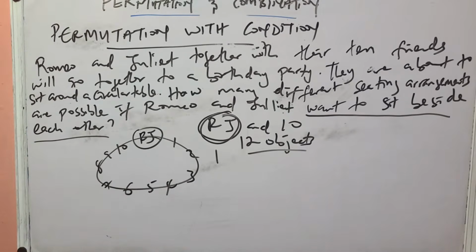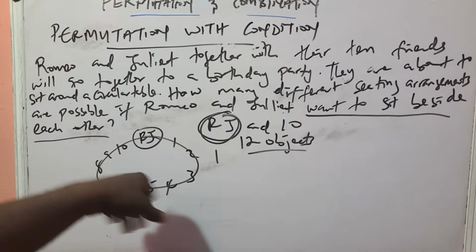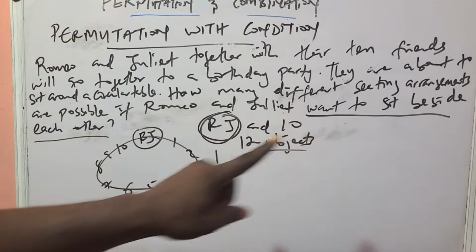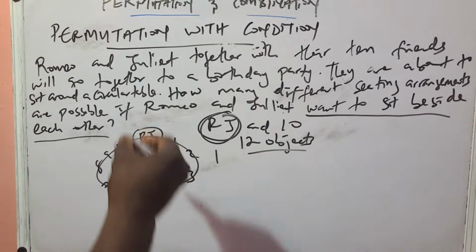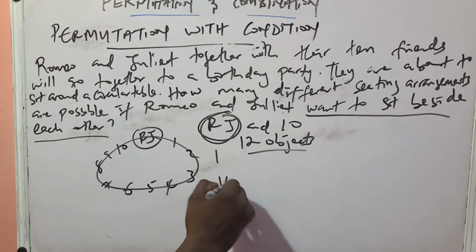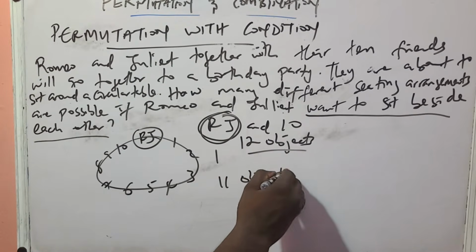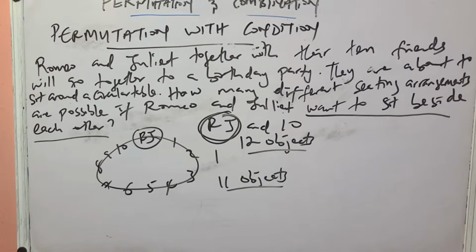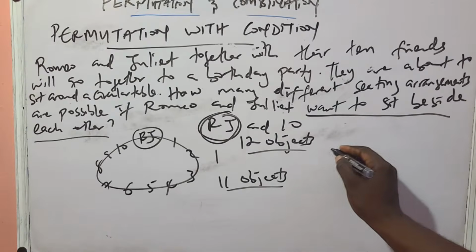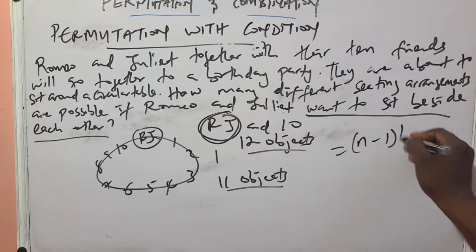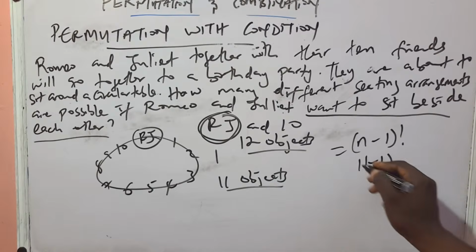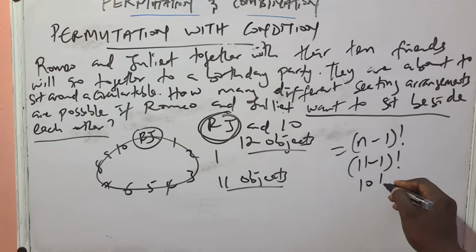Normally you would have counted 12 objects, but because of this condition, this is just 11 objects. So how do we permutate 11 objects around a circular table? Using the formula n minus 1 factorial, this will be 11 minus 1 factorial, that is 10 factorial.